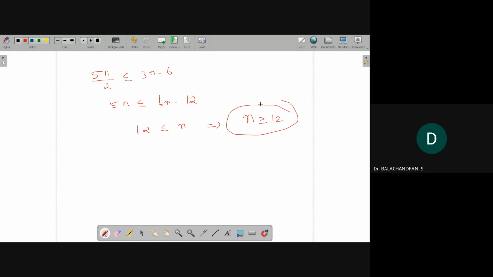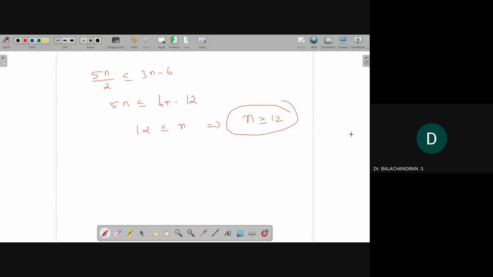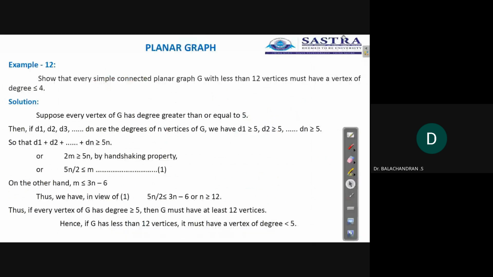Why is it a contradiction? Because in the statement, G is a planar graph with less than 12 vertices. Why did I get n greater than or equal to 12?